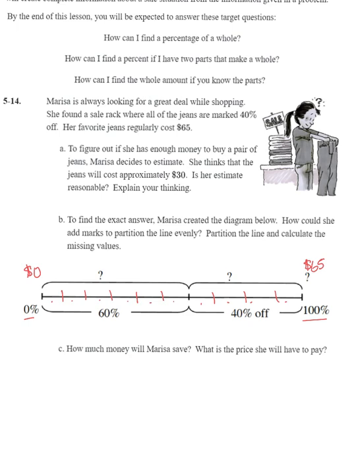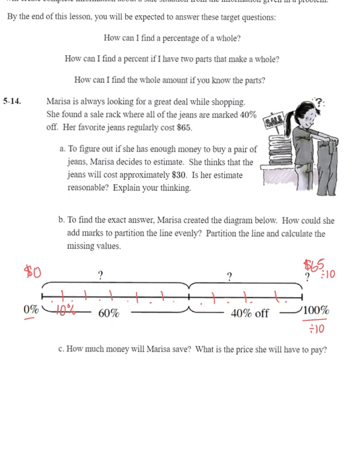Okay? Now, it works the same way on the top. To go from 100% to 10%, I broke this line into 10 equal pieces. So now I divided by 10. I need to do the same thing for the price on the top.